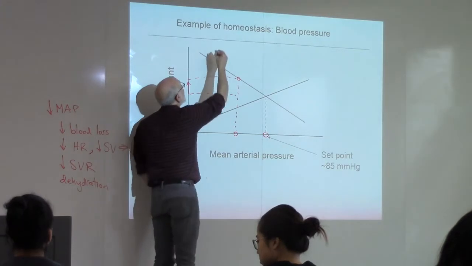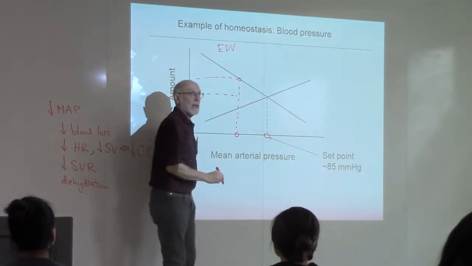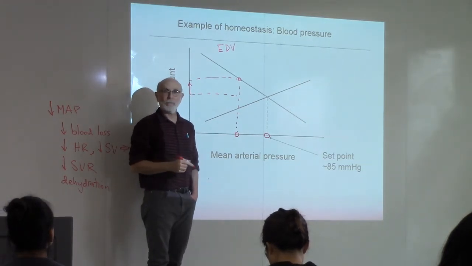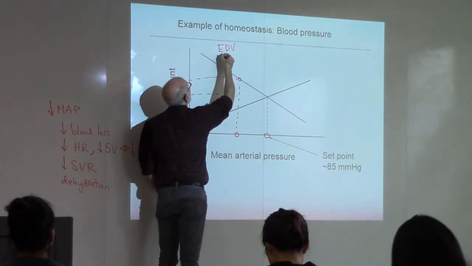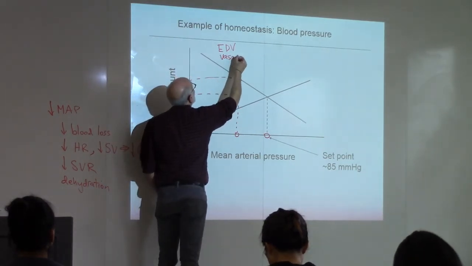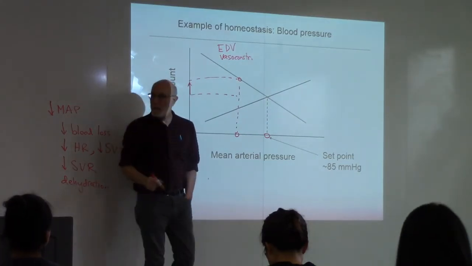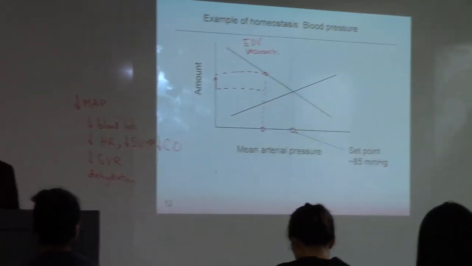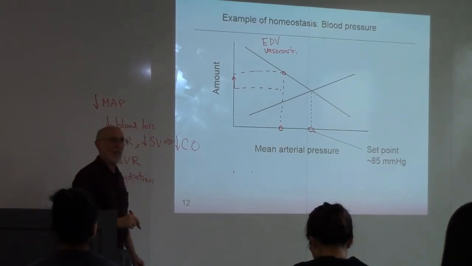End-diastolic volume is going to try to increase stroke volume. Vasoconstriction, sure. Let's see what I had on my answer key. So far neither of these are what I had on my key, but these are both correct answers.